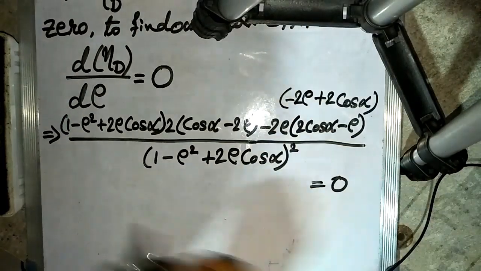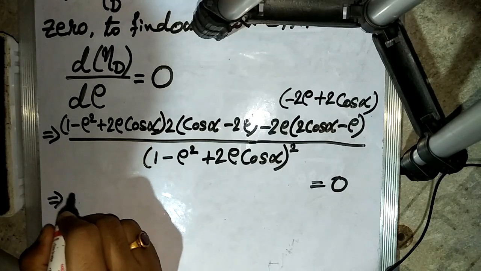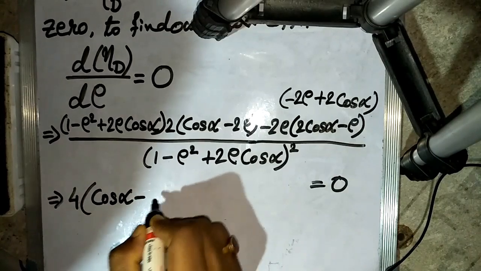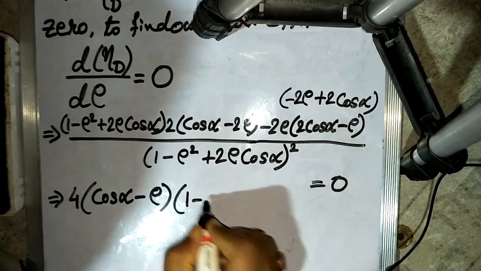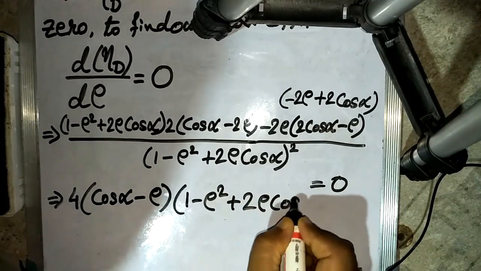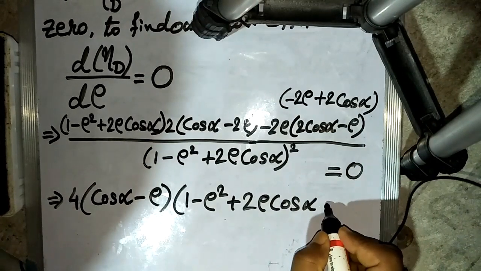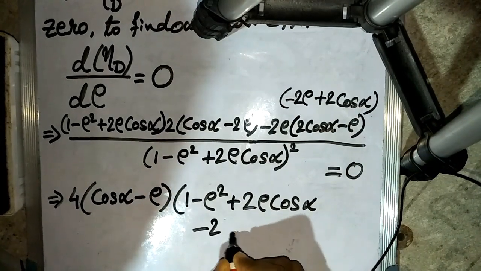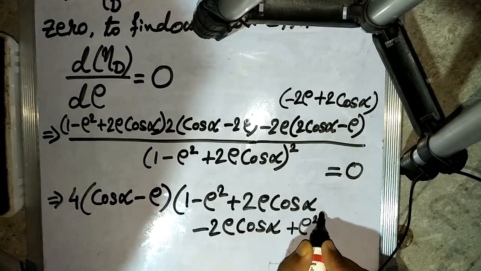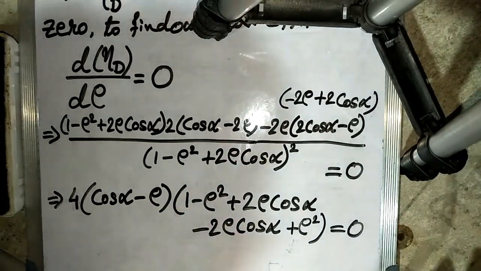Now by simplifying the above expression, we get 4 (cos alpha minus rho)(1 minus rho square plus 2 rho cos alpha) minus (2 rho cos alpha plus rho square) equals 0.